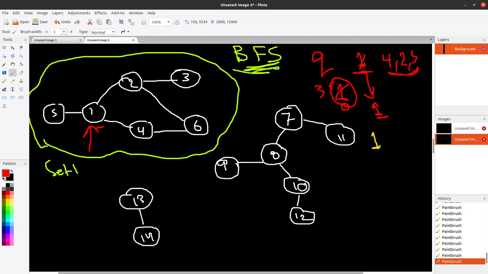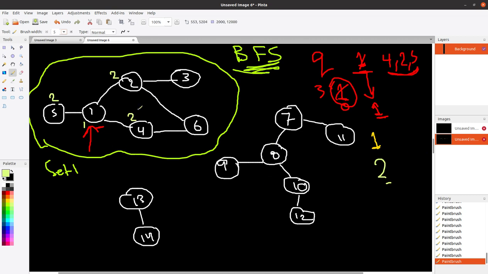We assign them the second or the last group number, which is 1 plus 1, 2. So these three nodes will have group number 2. So node number 1 has group now 1. The neighbors will have group number 2, 2, 2.